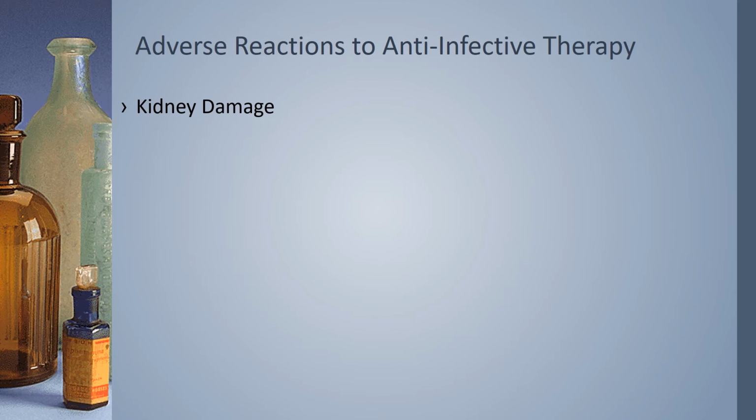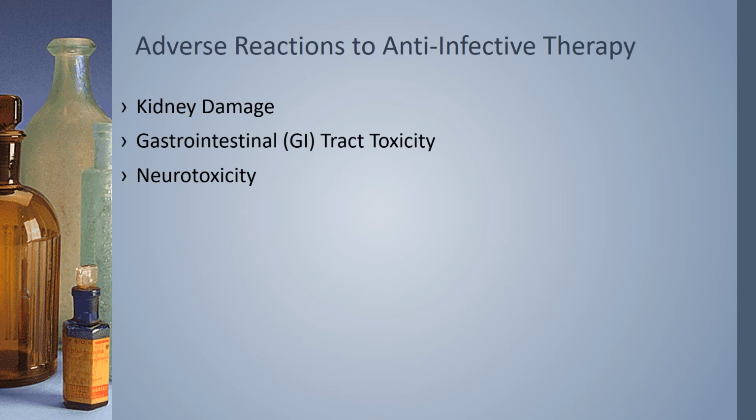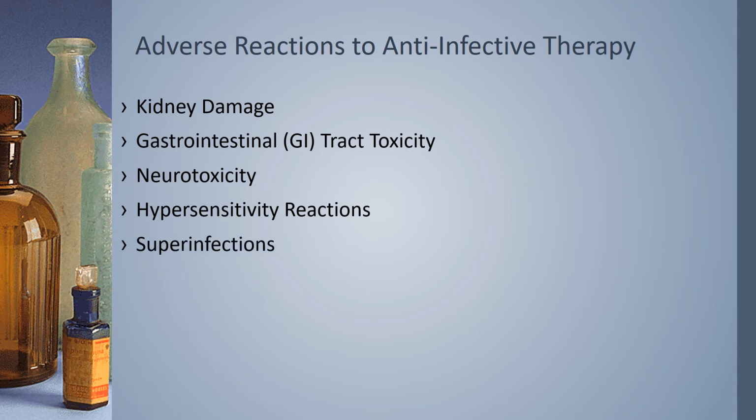We see folks with kidney damage, GI tract toxicity, neurotoxicity, where it is actually toxic to the nerves, hypersensitivity reactions, where they have allergic reactions to medications, and superinfections, where we've wiped out the normal flora, and that's allowed opportunistic infections to take place, like yeast infections, thrush in the mouth, or candida as that's also called, or a vaginal yeast infection is another example.